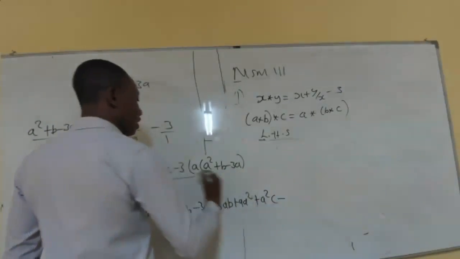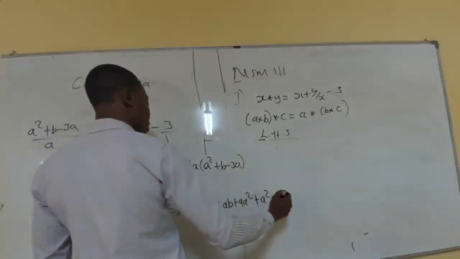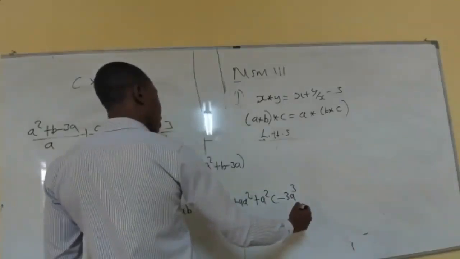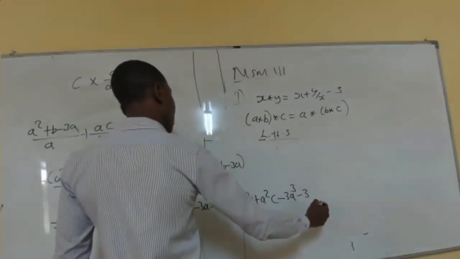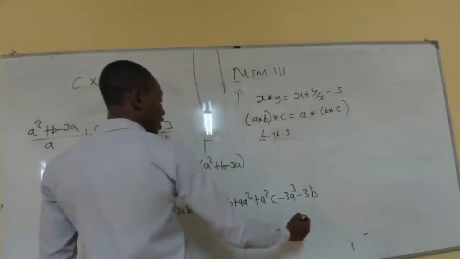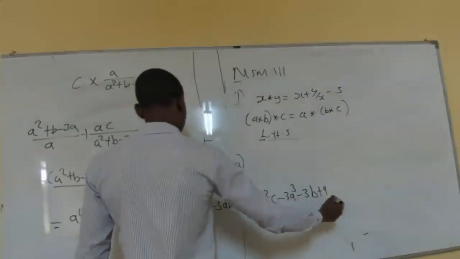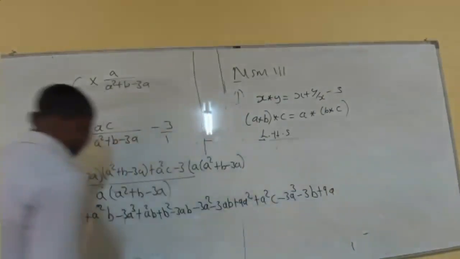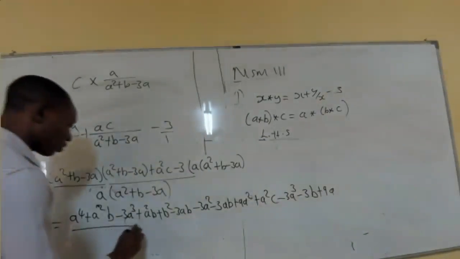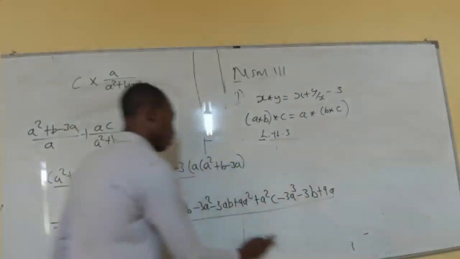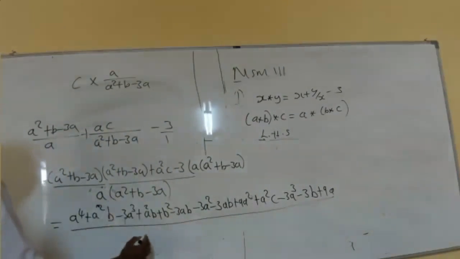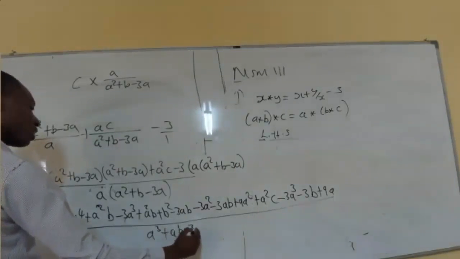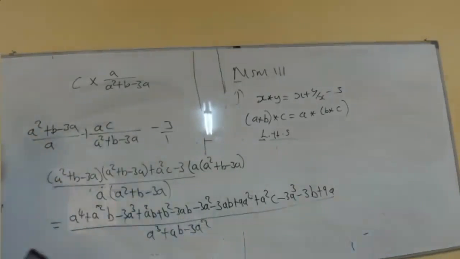Then minus 3 times this is going to be negative 3A to the power 3, then minus 3B, then plus 9, negative 3 times negative 3 is 9, so 9A, right? Then everything over the denominator, which is A to the power 3 plus AB minus 3A squared, right?